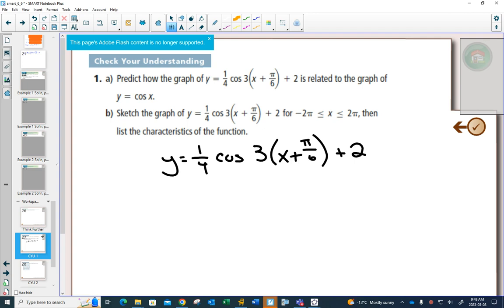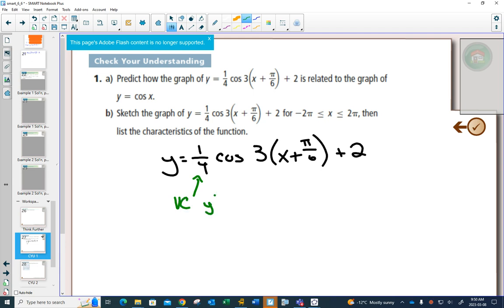If we label what each of these things means, not only with our transformations unit, but also with our shortcut and our DAB-C. First of all, we have a 1/4. This 1/4 is outside of cos. In our transformations unit, this would be a vertical compression.